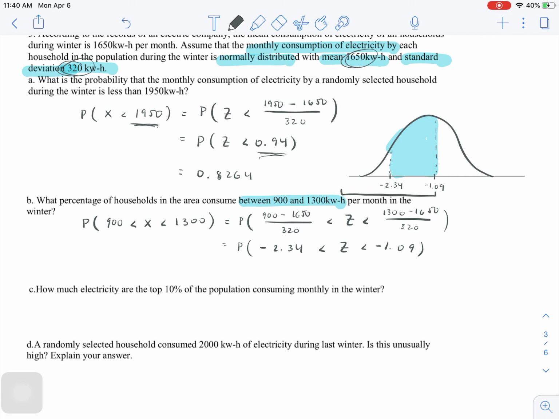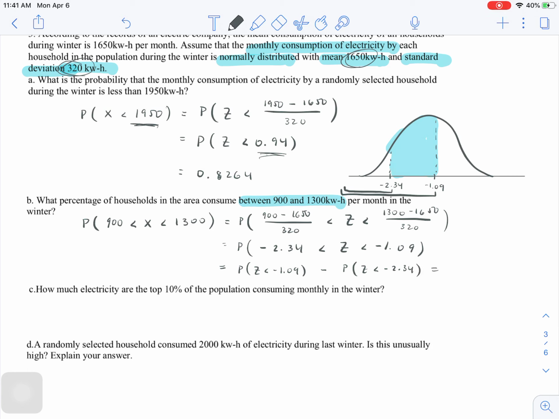I just want this shaded area, so I'm going to subtract out the area that I don't want, which is the area to the left of negative 2.34. So this is equal to the probability that z is less than negative 1.09, the area to the left of negative 1.09, minus the area to the left of negative 2.34, which we don't want.